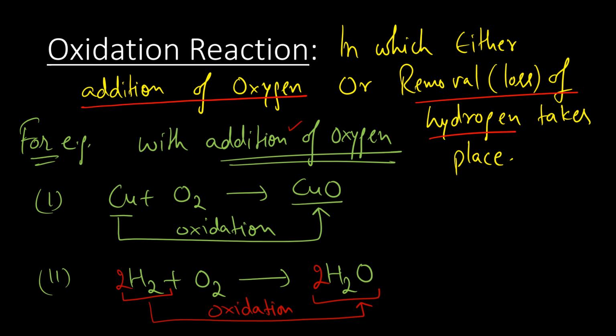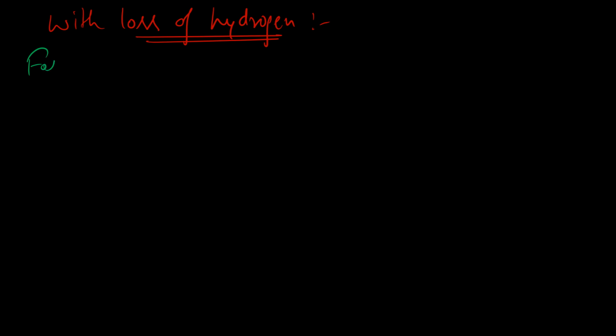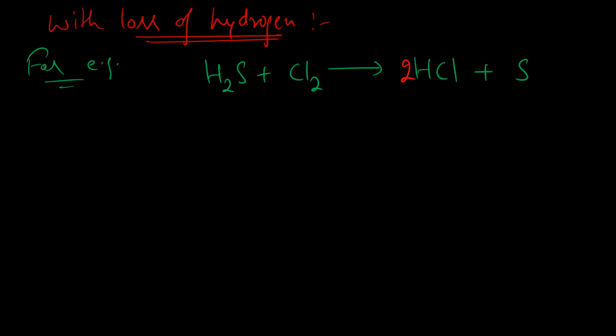Now let's see a few examples with the loss of hydrogen. For example, we have hydrogen sulfide. If I pass chlorine gas through it, I will get hydrogen chloride and sulfur. Let's write it in the balanced form.